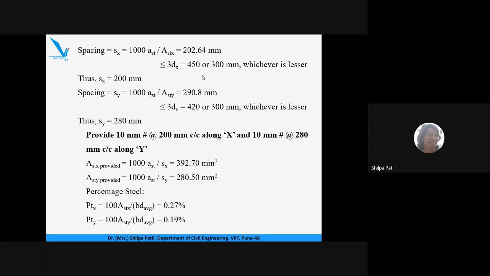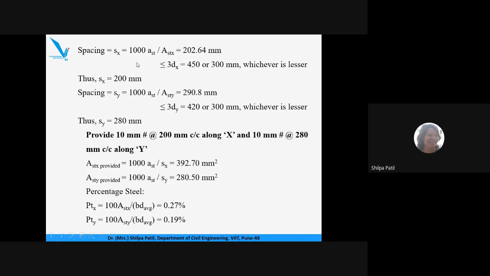It is 5d or 450, whichever is less, right? Here, along both the spans, that is along Lx and along Ly, we are providing the main steel only. So the criteria for checking must be 3d or 300, whichever is less, for both the cases. This is to be kept in your mind.